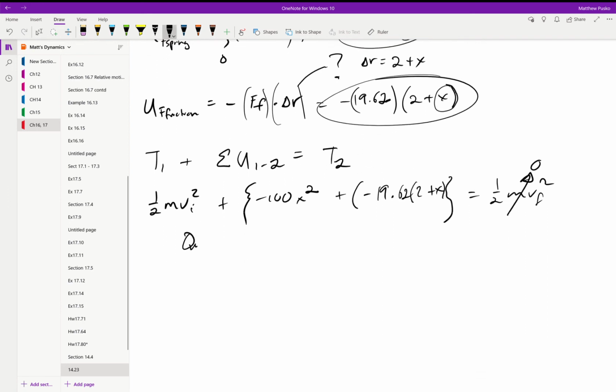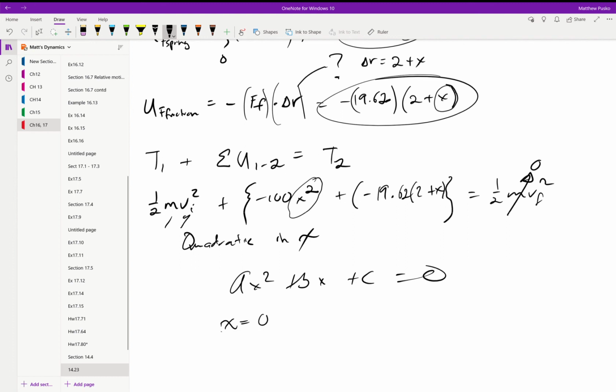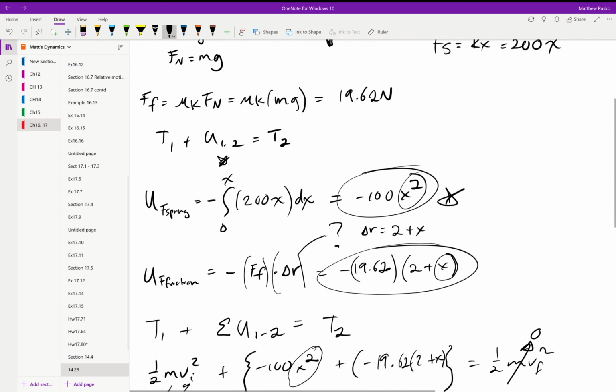Now we have a quadratic equation in x. We know the initial velocity and the mass, so we have everything except the unknown x. We have ax squared plus bx plus c equal to 0, and you all know how to solve that. We get x equal to 0.688 meters.